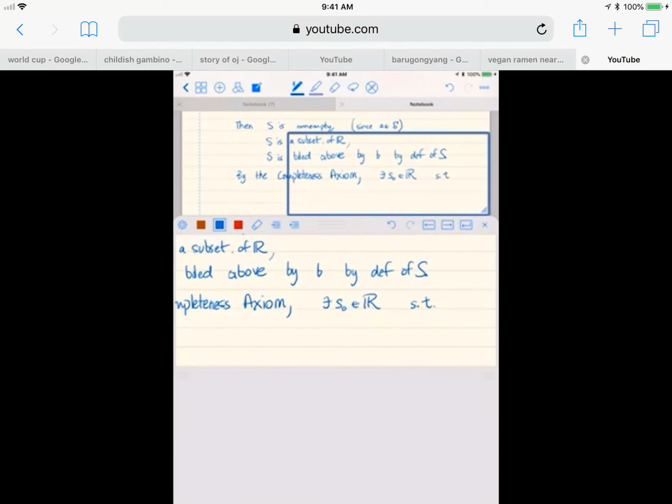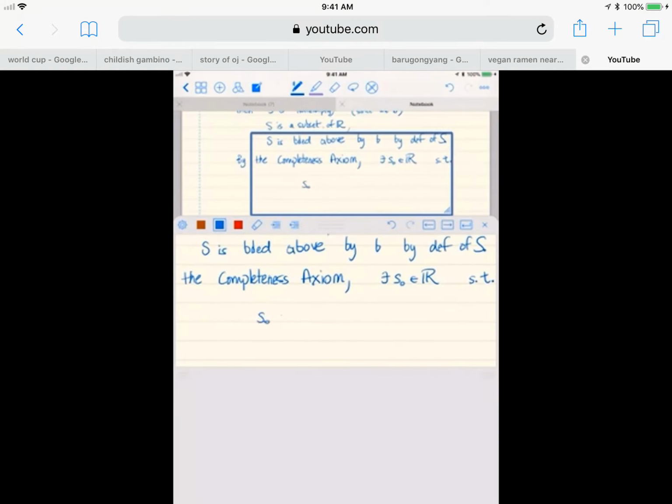Say we have a supremum S naught. That's in R. It's going to be the supremum of our set S, and it's going to be an element of R.